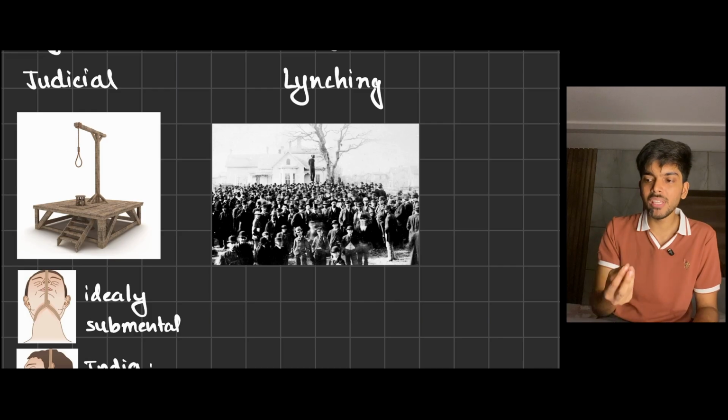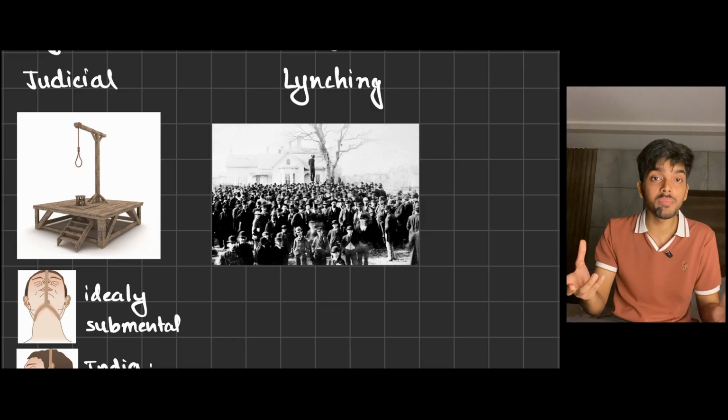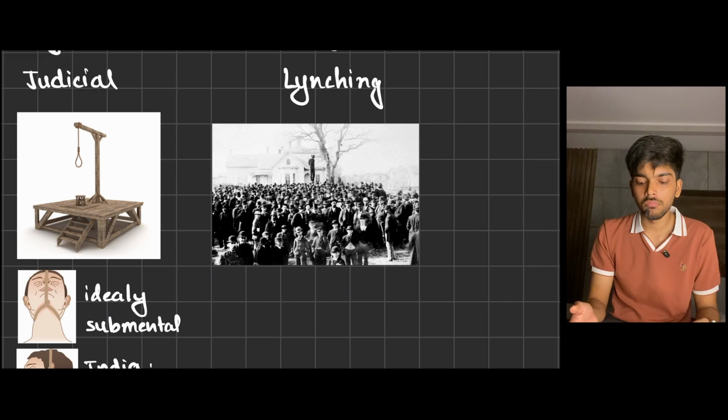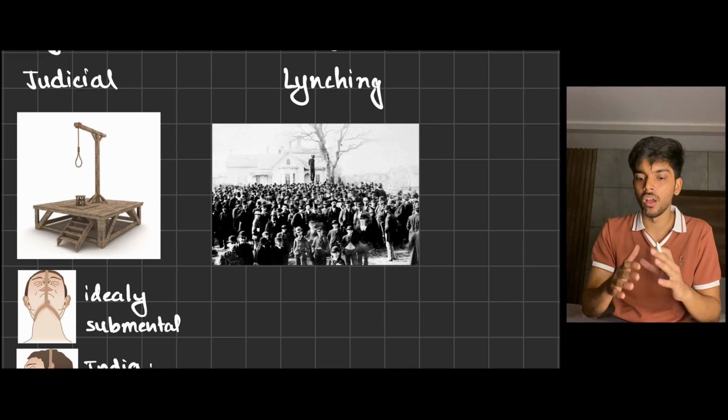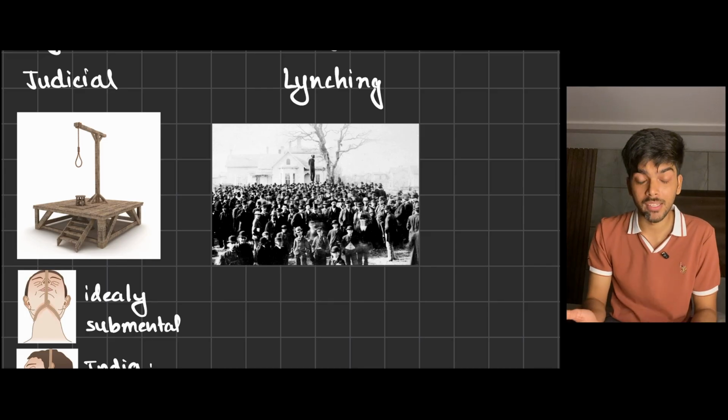These crimes were usually really petty, small crimes, or most of the time, just false accusations. And obviously, due to racial profiling and racial injustice, they used to be hung, and then people used to celebrate this. That was lynching.